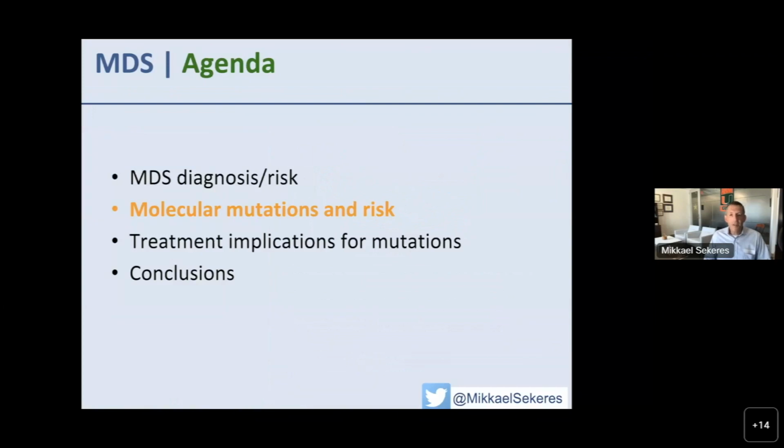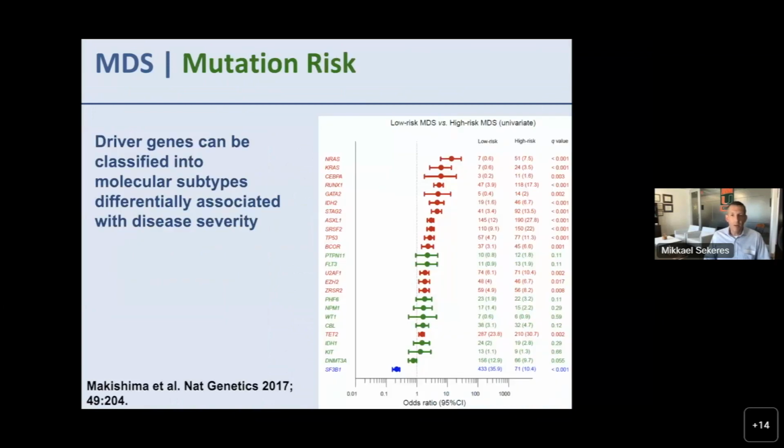So how have mutations been incorporated in thinking about risk of myelodysplastic syndromes? Well, mutations in and of themselves carry a certain amount of risk. There are a lot of mutations that have been identified in patients who have myelodysplastic syndromes. You can probably count over 100. Probably about 20 to 25 of those mutations are seen in over 90% of patients, however.